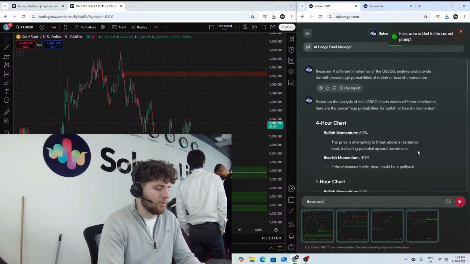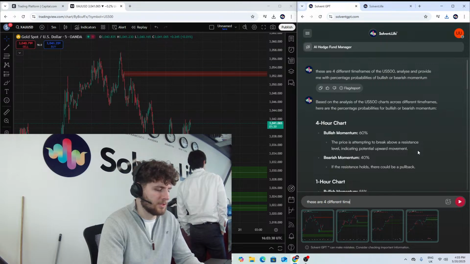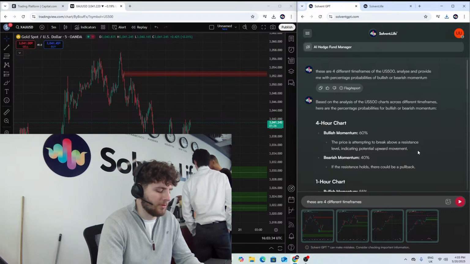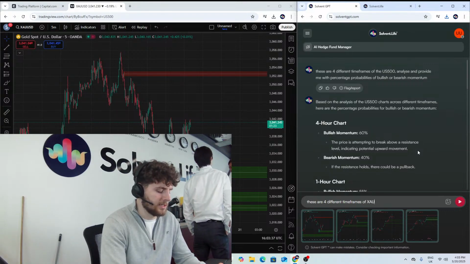These are 4 different time frames, which just allows the GPT to understand a little bit better. 4 different time frames of XAU/USD.